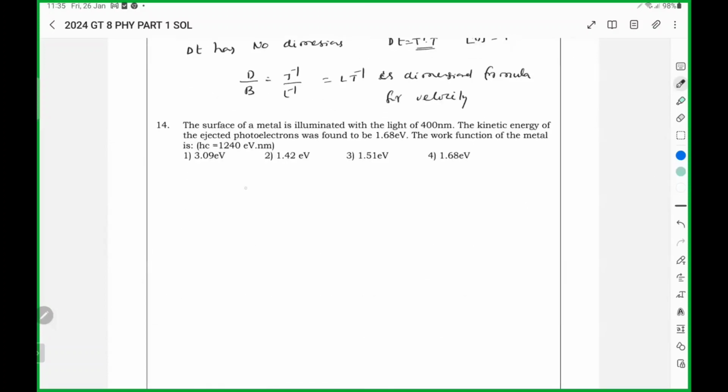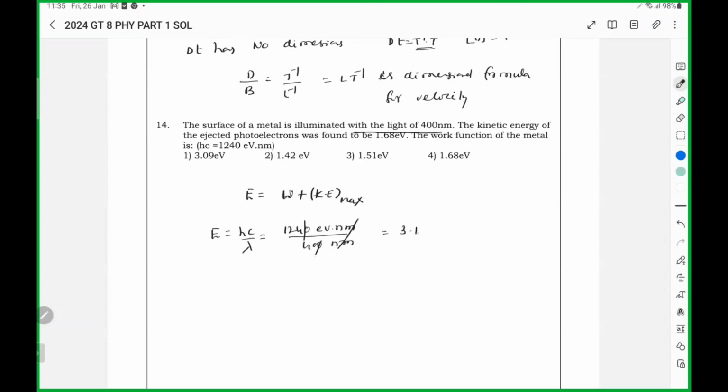Here, Einstein's photoelectric equation. So E is equal to work function plus kinetic energy maximum. Here a metal surface is illuminated with light. That incident energy is hc, given 1240 electron volt nanometers, divided by 400 nanometers.